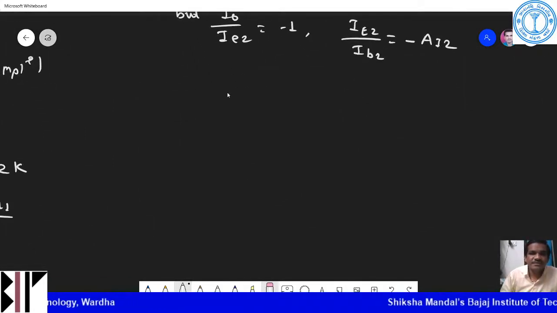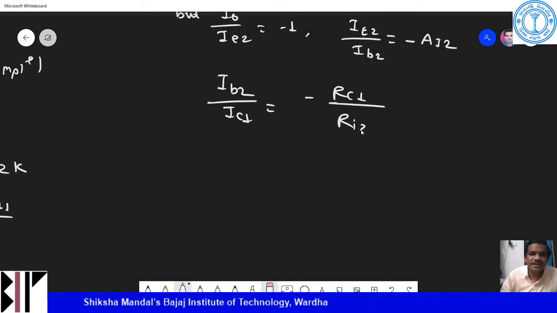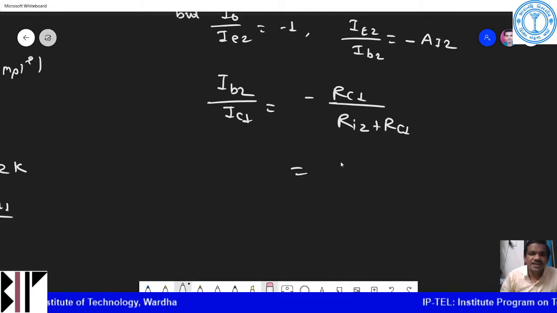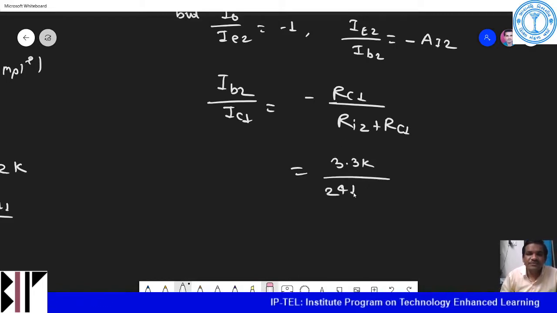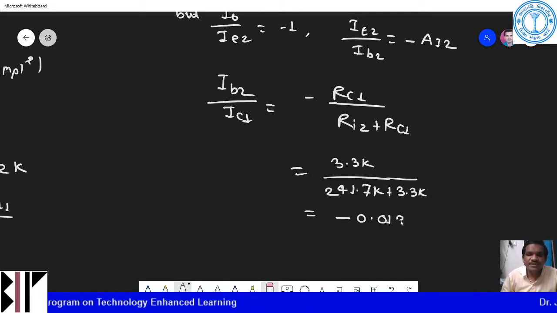And IB2 divided by IC1 is nothing but minus of RC1 divided by RI2 plus RC1. We know the value of RC1, so we can put 3.3K, 241.7K plus 3.3K, and this value comes out to be minus 0.01346.